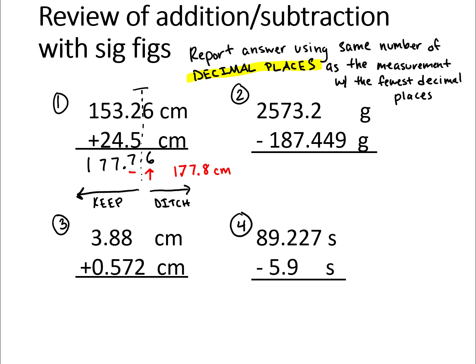So that means we can only report up to this decimal place. What place is that? That 2. The 10th place. So our answer can only have up to the 10th place.